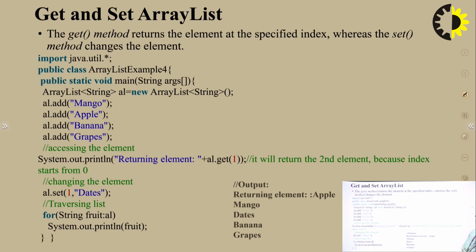Now in this example we have used the get method for retrieving the value at a specified index, and the sout statement, and after that we are accessing the element and changing the element. Finally, for traversing the list after updating, we use the enhanced for loop with a sout statement. In the sout we have taken the fruit list, and finally the output is received like this.